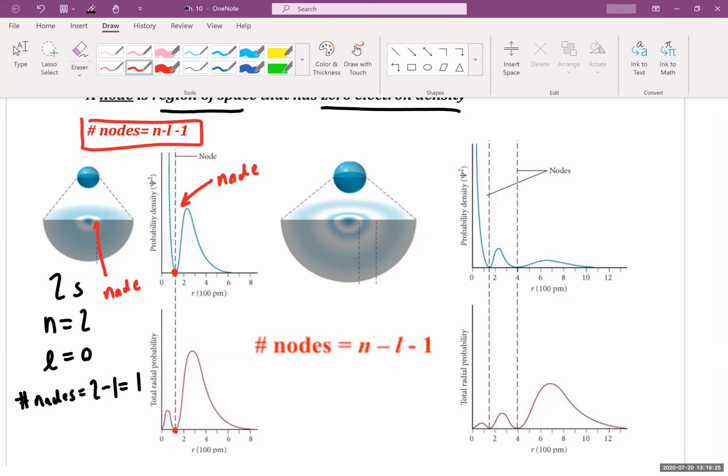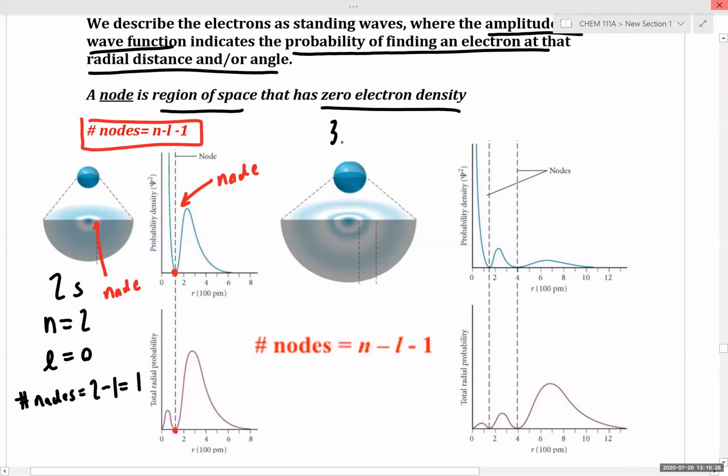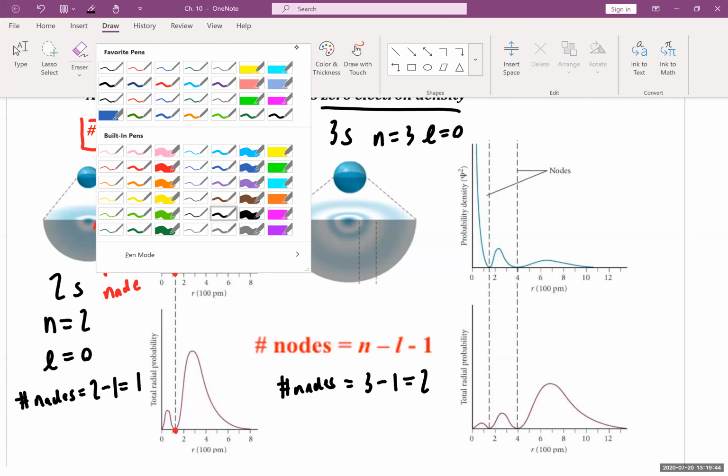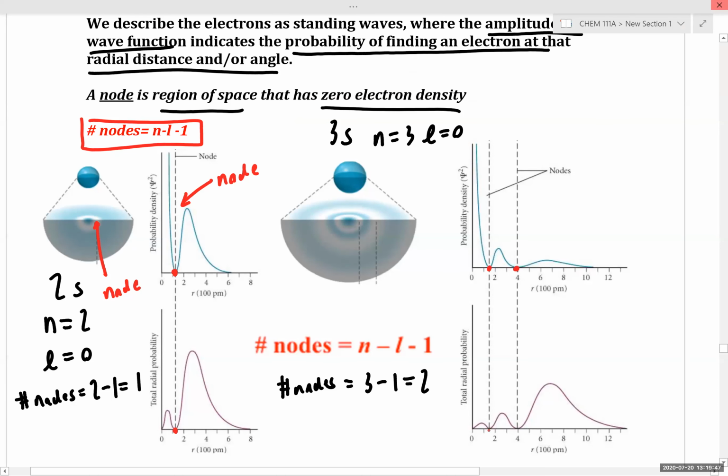As we increase our n value and we look, for example, at a 3s orbital, we have n is equal to 3, L is 0. Our number of nodes is equal to 3 minus 1, which is equal to 2. And as we can see, for our larger 3s orbital, how many nodes do we have? For a 3s orbital, how many regions of 0 probability density for our electron do we see?